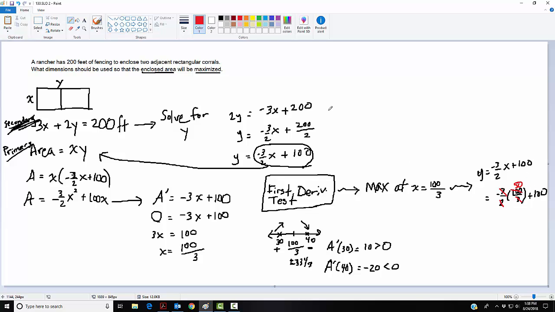We have negative 50 plus 100, which gives us 50. So our x is 100/3, our y is 50, and if you wanted to know what the max area is, even though in this case you're really just wanting to know the dimensions, but some of my MATLAB problems ask for the actual area. Area is going to be 100/3 times 50, and this is approximately 1,667 feet squared.